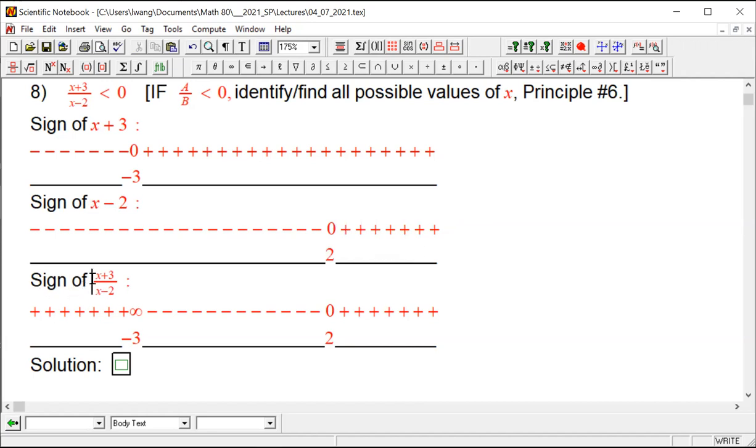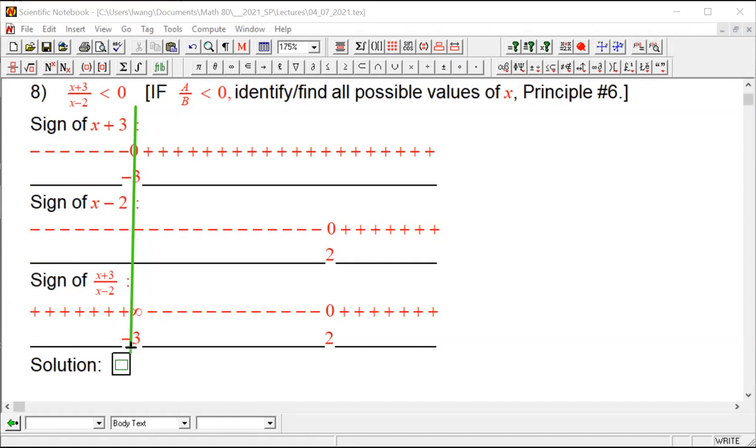And then we observe the quotient. So once again, the same drill. For numbers less than -3, we're doing a negative divided by negative. That's going to be a positive.